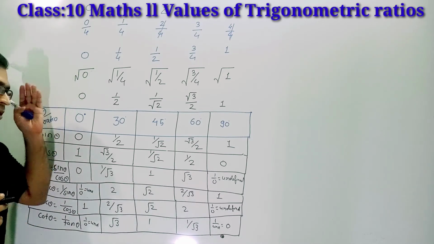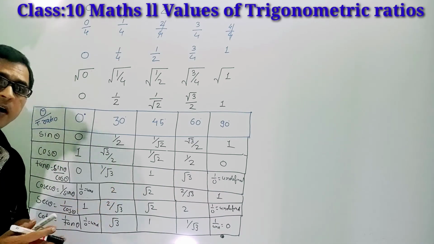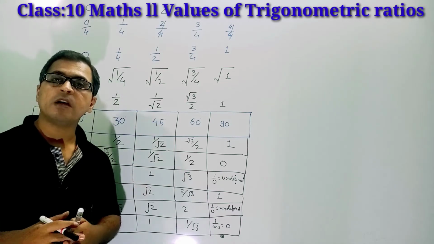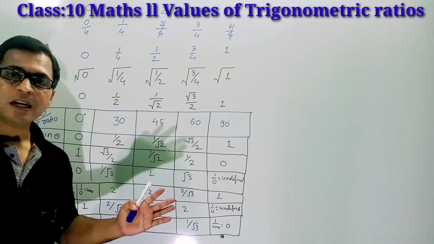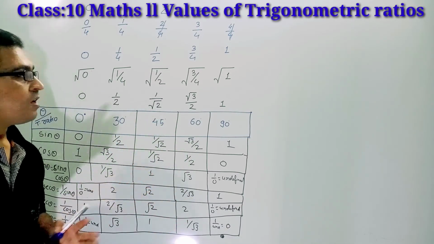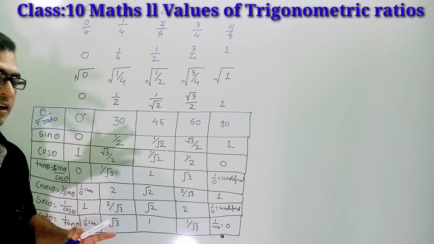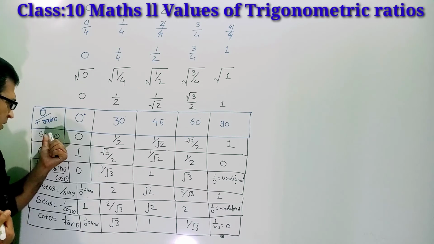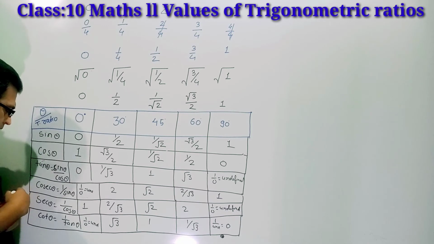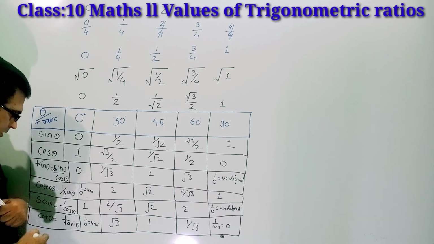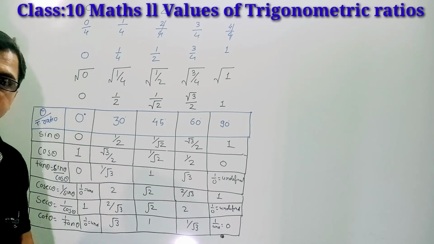So students, this is a very important trick. If you forget the value of a trigonometric ratio in the examination, you can derive these things very quickly to get your marks. From these things, it is clear that sine is complementary of cosec, cos is complementary of sec, and tan is complementary of cot.